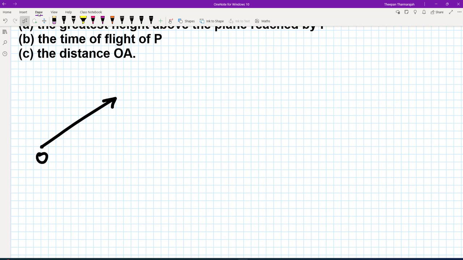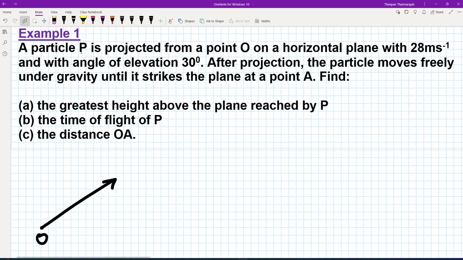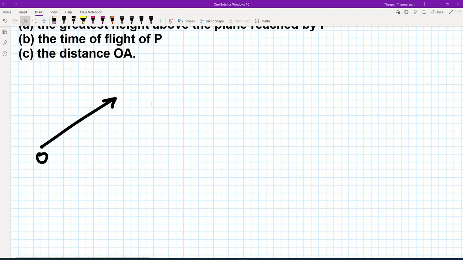A projectile moves, let's go back to the question, with a velocity of 28 meters per second. So we've got 28 meters per second. But don't forget, we can draw our projectile motion like so.